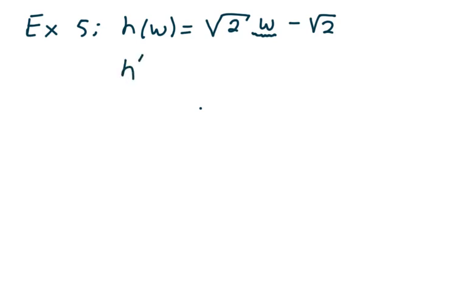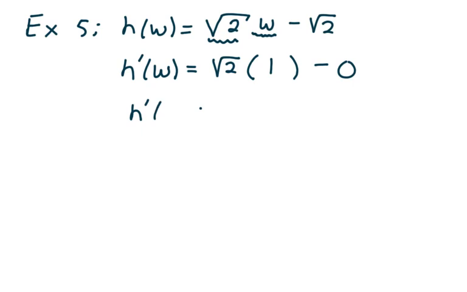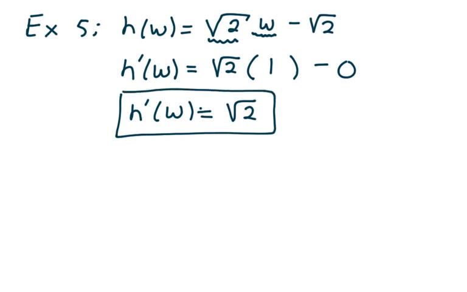And so h prime of w is square root of 2, but I'm going to multiply by 1, and then I'm going to subtract 0. So remember that square root of 2 goes along for the ride. We pull that out and take the derivative of w, which is exactly what we did. And so h prime of w is just square root of 2. And that's example 5.